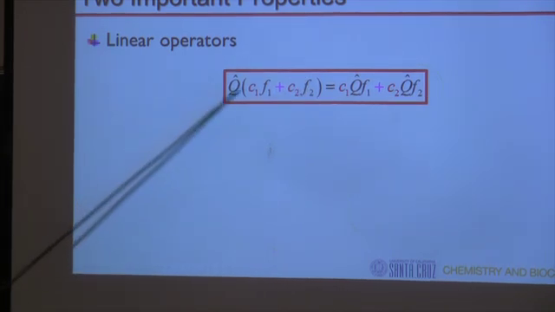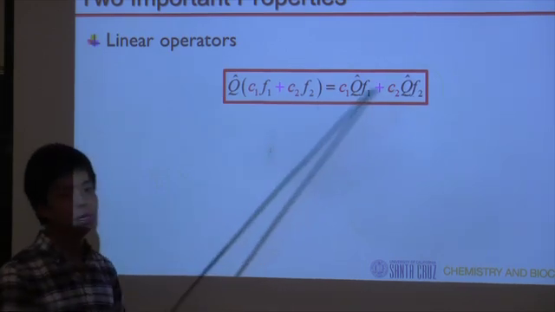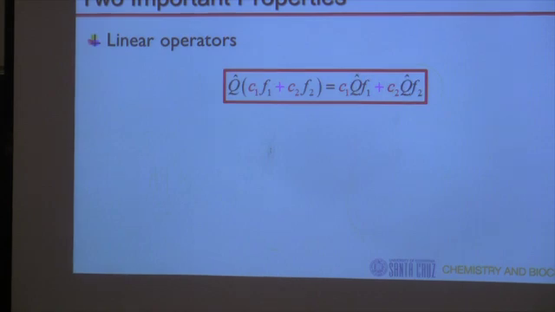If the left-hand side can be successfully converted to the right-hand side, then this operator is called a linear operator. We showed one example in the lecture. Exactly this one. This one is a linear operator.